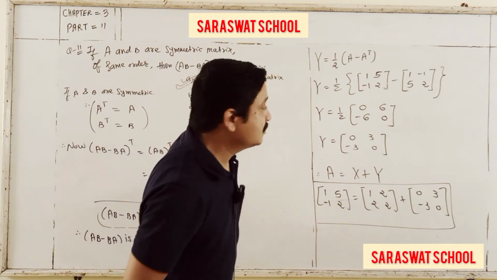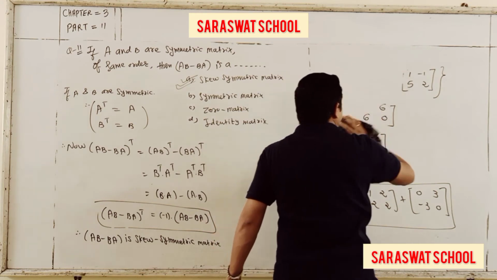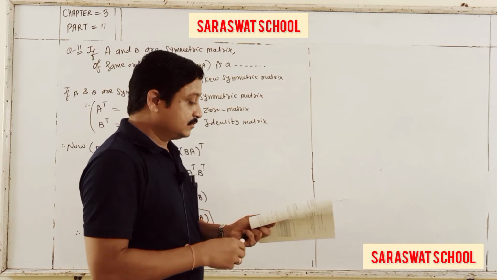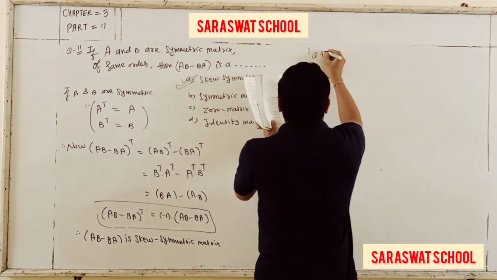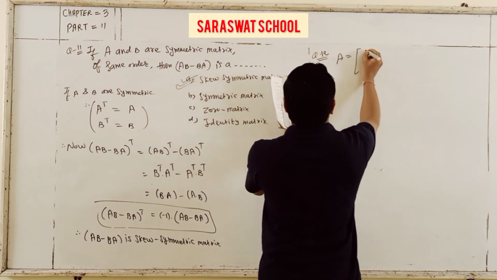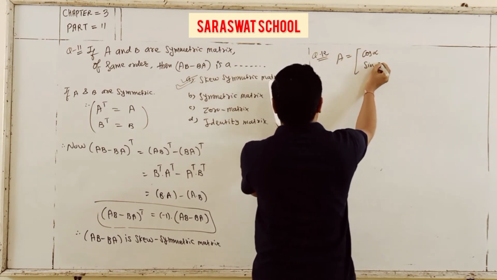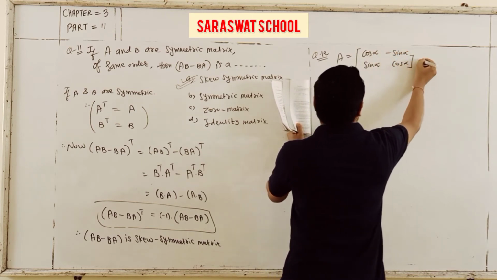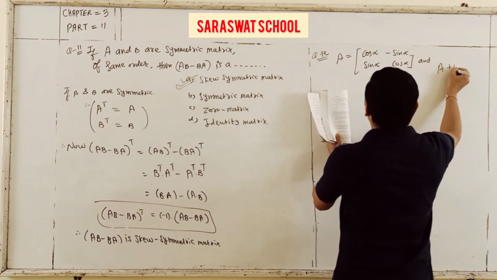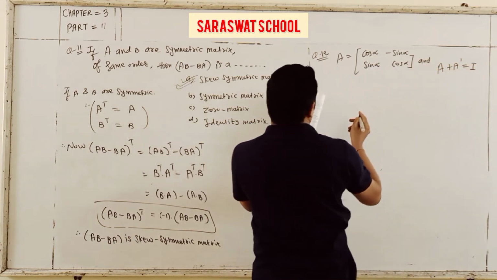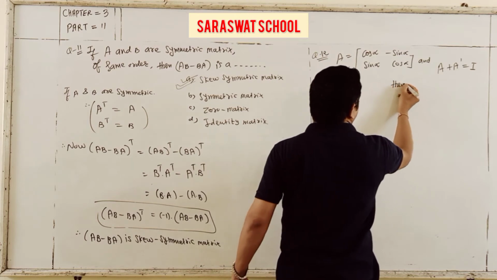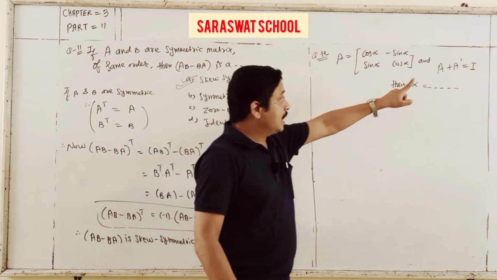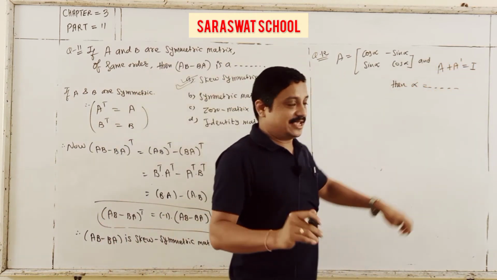Now question number 12. Question 12 is also important for exam level. That type of question comes in the exam. In the given matrix A, cos alpha, sin alpha, minus sin alpha, cos alpha, and A plus A transpose is I, where I is the identity, then alpha is dash dash dash. A dash or A transpose, both are the same.